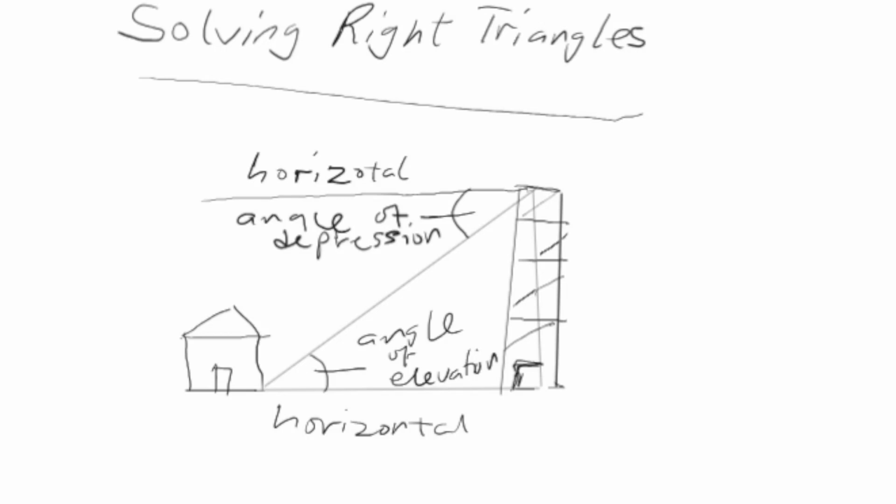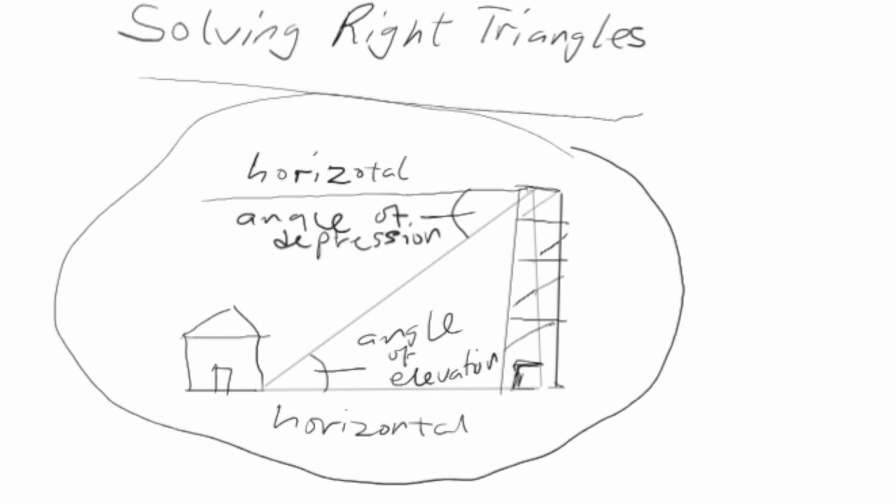Like you could see, I just made this as a sample for you to see that if you have a house here and a tower here, and you want to calculate the angle of elevation, or the angle of depression, you know that this forms a right triangle. So with that, you can use your trig ratios and the rest.